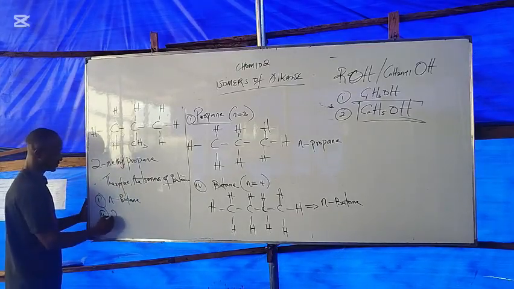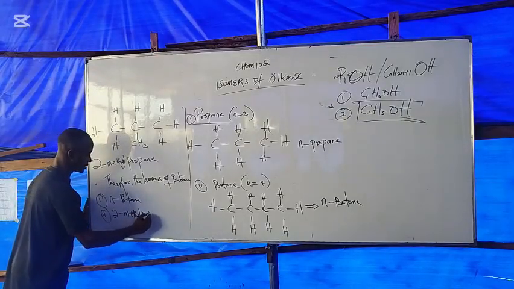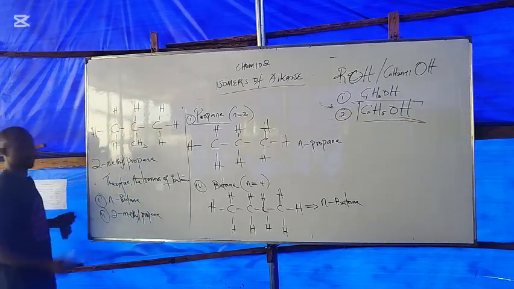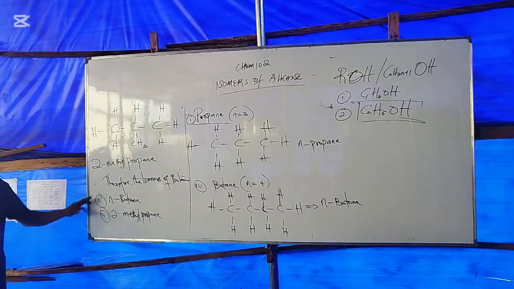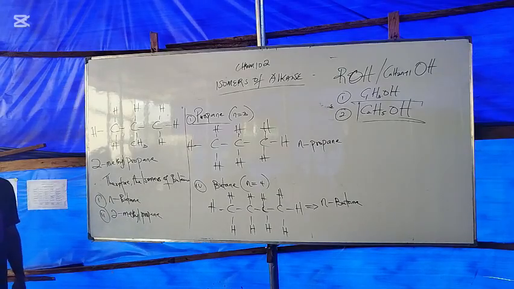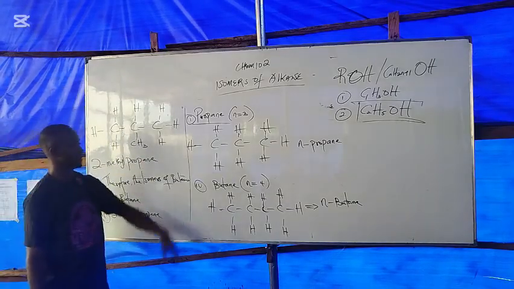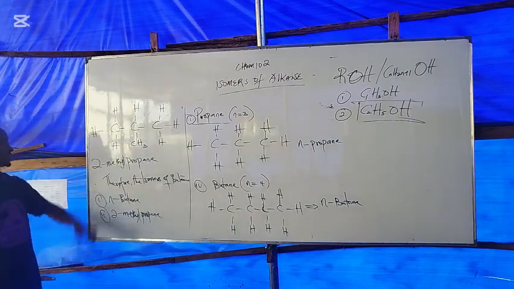Second is 2-methyl-propane. Is it clear? Are you following? n-butane and 2-methyl-propane. So this is n-butane, and this is 2-methyl-propane.